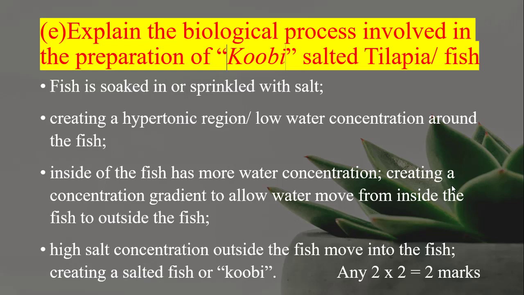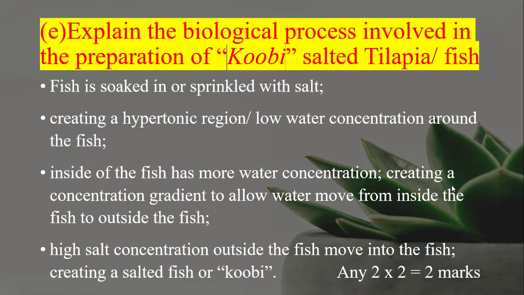Now this is for the water. You can also talk about, conversely, using salt to explain. Because you have a high amount of salt outside the cell, the salt can also move into the cell. So as water moves out, salt comes in, thereby creating a salty situation.